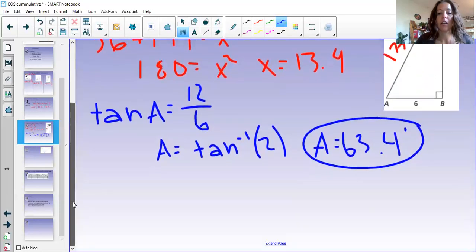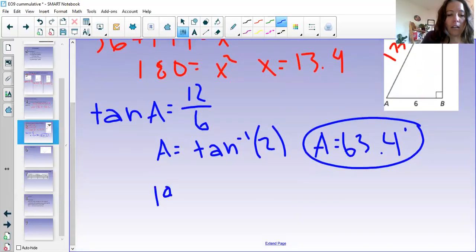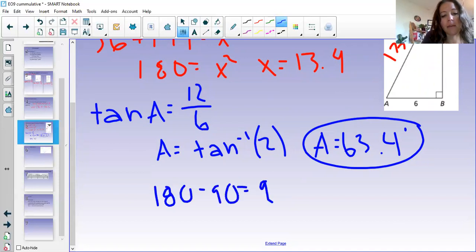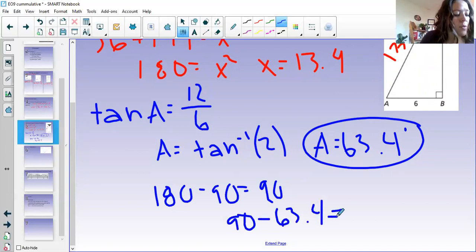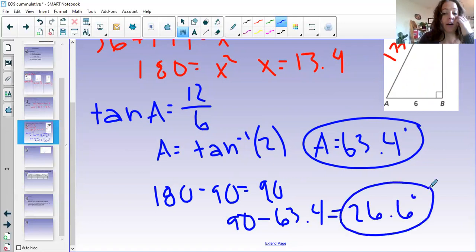So scrolling down, I know that 180 minus 90 is 90. Just want to show out my steps. And then 90 minus 63.4 is equal to 26.6. And that's angle C. I now have a completely solved right triangle. I have all the side lengths and all the angles.